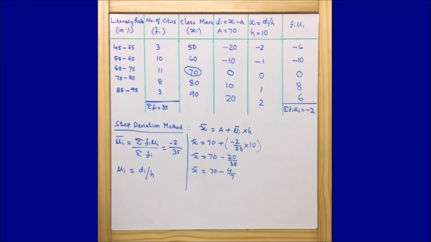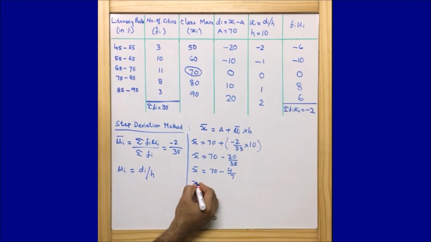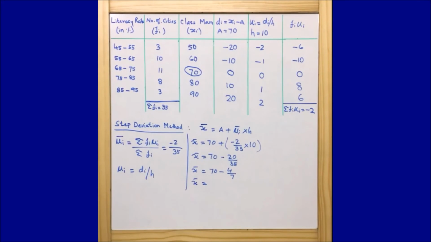So mean is equal to 70 minus 4 by 7. There are two ways. Either we can solve this equation, 70 minus 4 by 7, and find out the mean, or we can first of all divide 4 upon 7 and see what we are getting, and then we can use that.